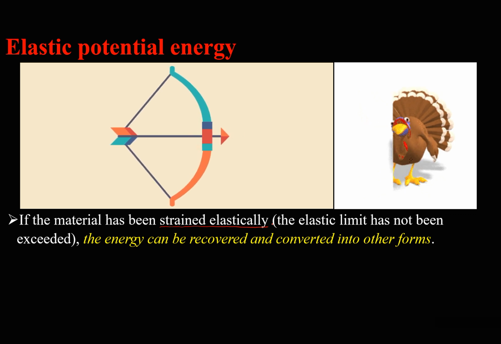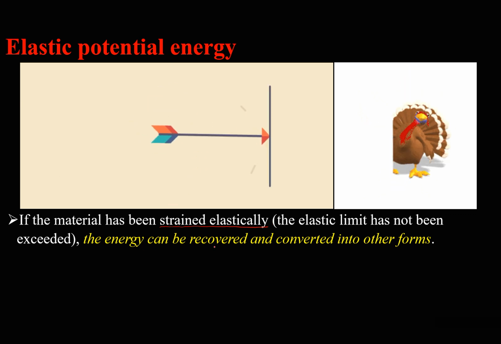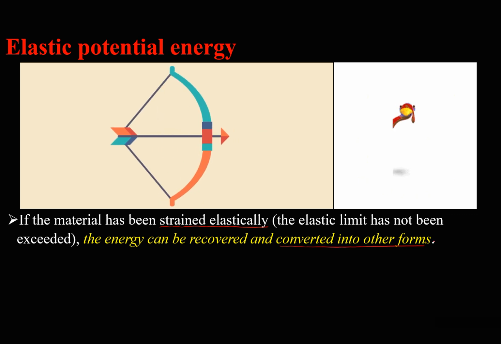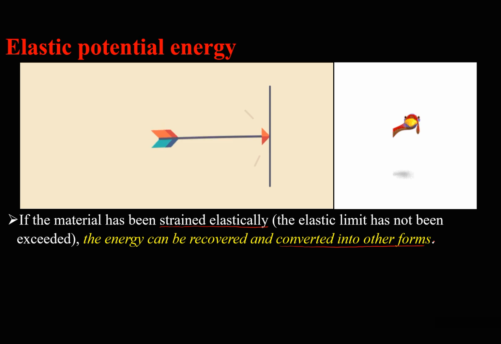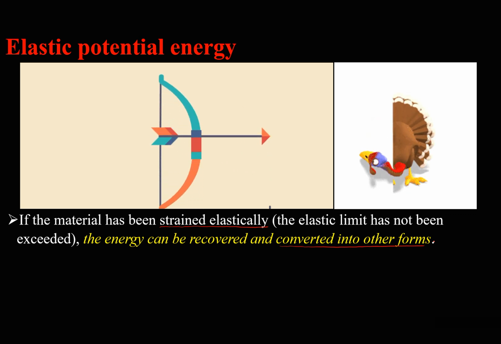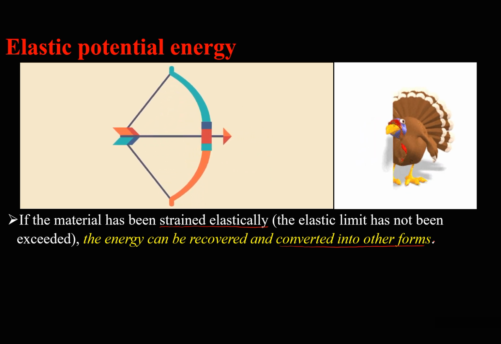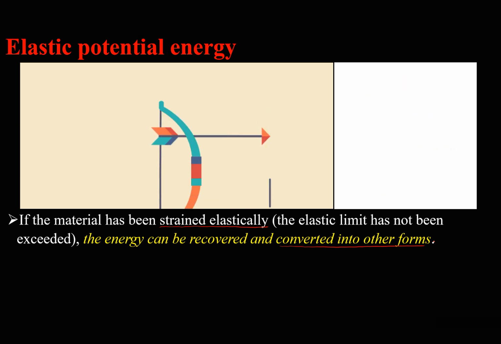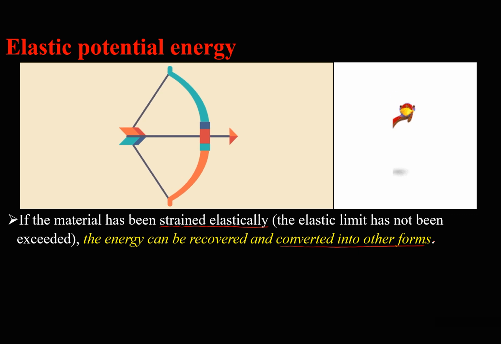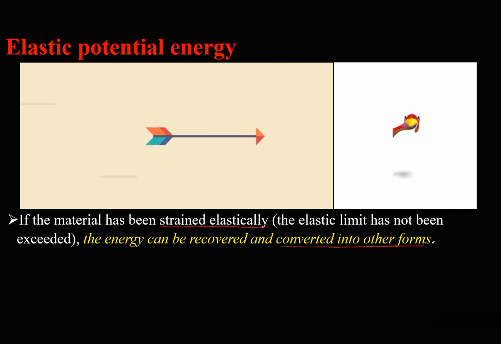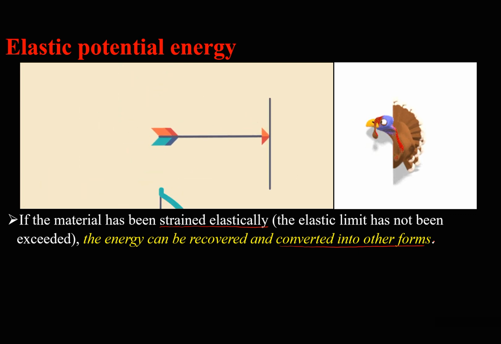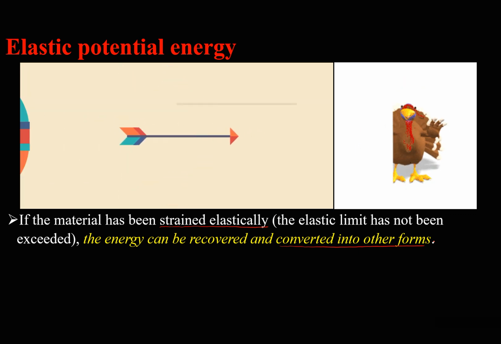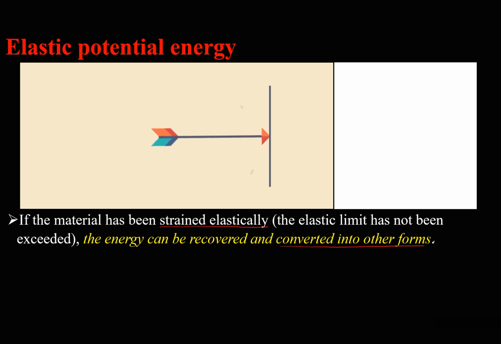All the energy which has been stored is going to be recovered or converted into other forms. For example, if we stretch an elastic cord for a catapult elastically, we expect that all the work done in stretching must become kinetic energy. So all the energy can be recovered if the material was deformed elastically.